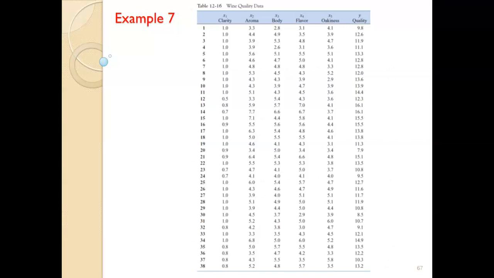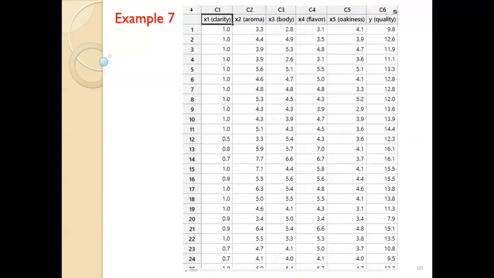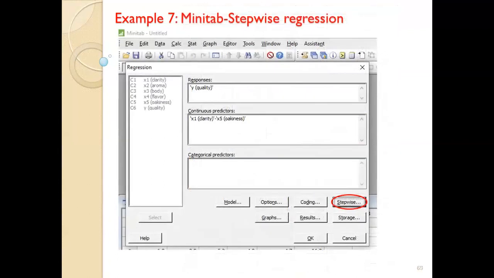You do this by the multiple linear model with x1, x2, x3, x4, x5, and quality. You fit this, where y is the response and x1 until x5 are the predictors, from columns C1 to C5.